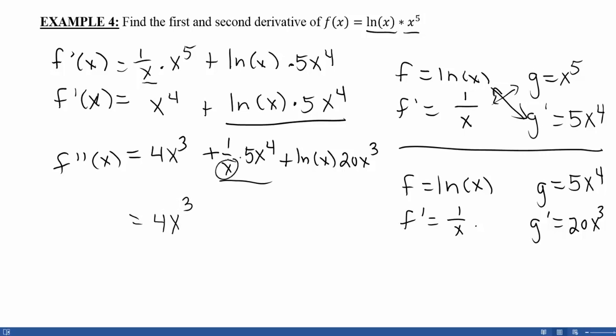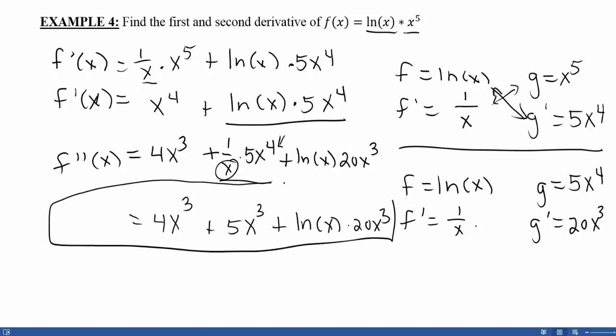Now, the x here from the 1 over x will cancel one of the x's from this x to the fourth. So that's going to leave me with 5x cubed. So my last term here, I don't need to simplify anything. So I have the natural log of x times 20x cubed. And that is my second derivative.